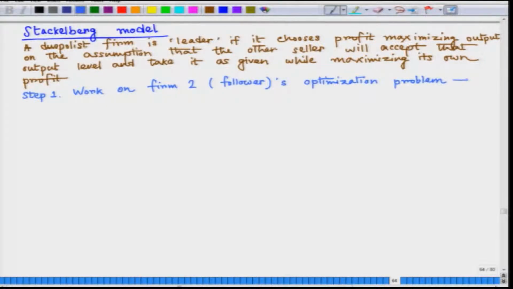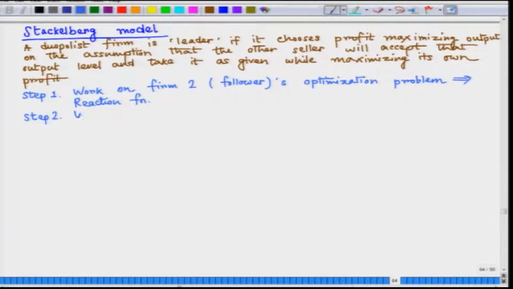And this will lead to the reaction function, which is a private piece of information, but somehow if that is stolen, then the firm who has this information becomes the leader.